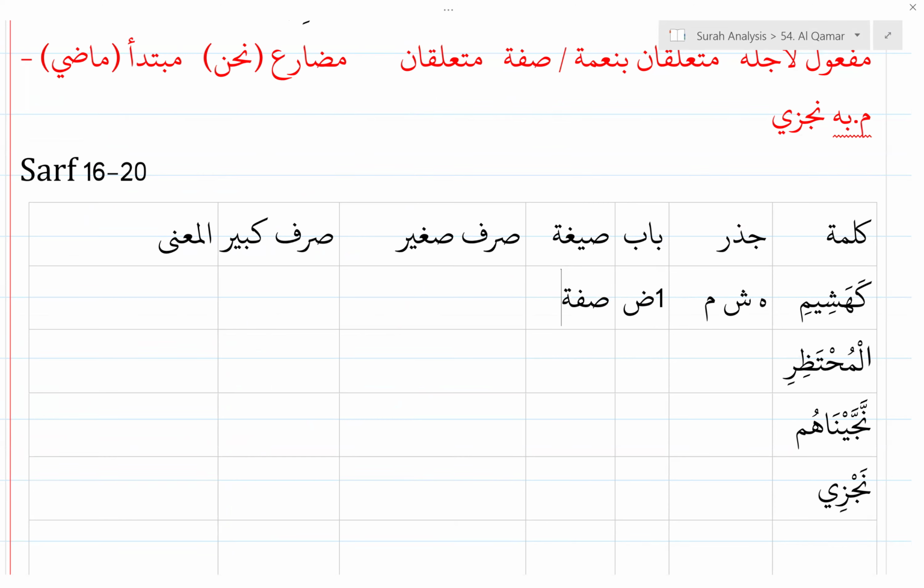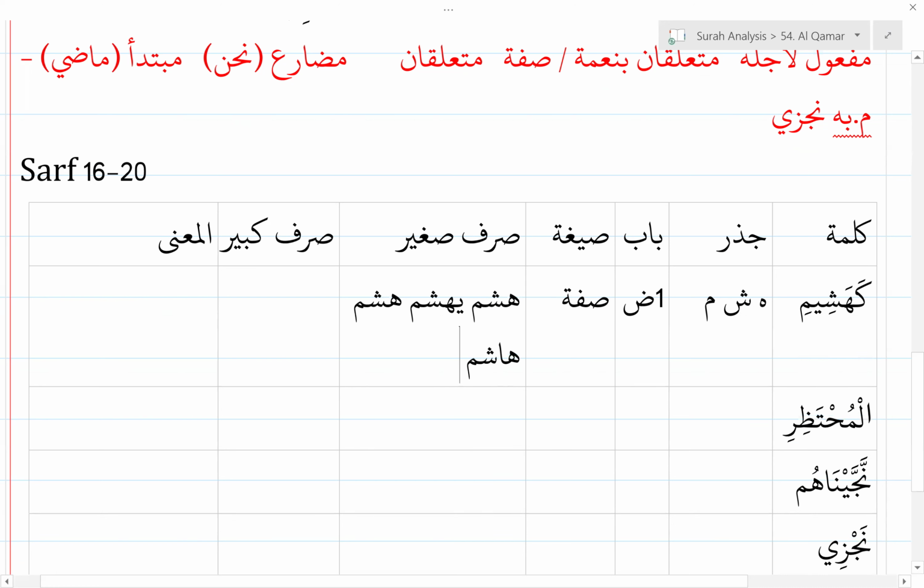Daraba yadribu. So hashama yahshimu. Yes. Hashama yahshimu. Hashman, I'm just going to say Hasham. Hashmun. Hashimun. So you see there's a Hashim. The tribe of the Prophet is called Hashim. Banu Hashim.